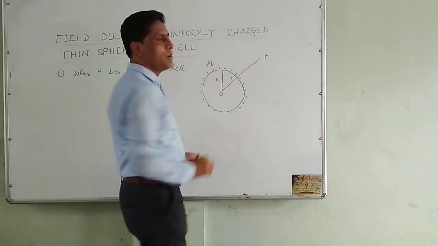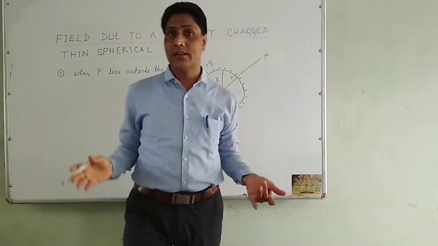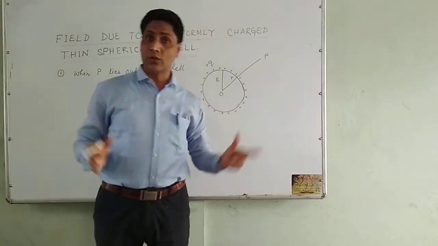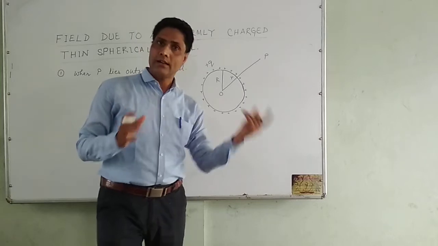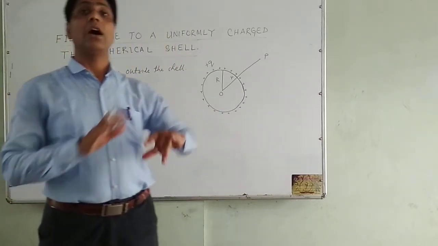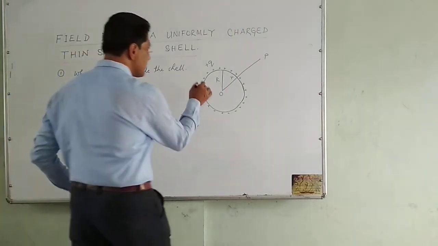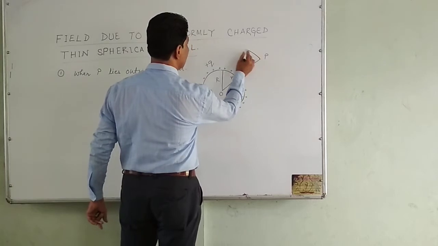Here we will draw a Gaussian surface. As you know, a Gaussian surface is a closed surface around any charge distribution where the electric field due to this charge distribution is equal on the surface. In this particular case, the Gaussian surface will be a sphere.